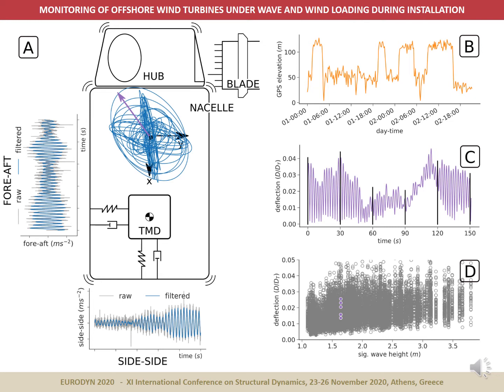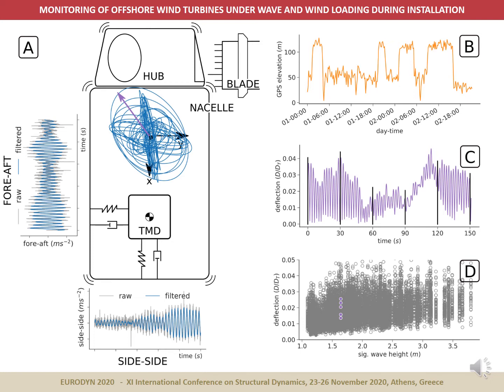It corresponds to the trajectory of the nacelle when viewed from above. Note that the trajectory is not to scale. The purple arrow within this ball of wool-like structure shows the deflection of the turbine as seen by an external observer. This deflection is the magnitude of the positional vector and is shown as a time series in subfigure C.